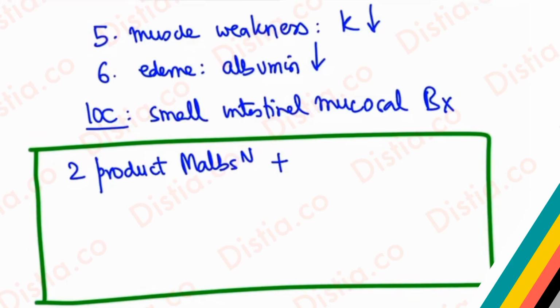Breath hydrogen test is for carbohydrate malabsorption. Breath triolein test is for fat malabsorption. So 2 product malabsorption must be demonstrated with ideally biopsy findings. That way you are sure about the fact that you are dealing with a tropical sprue in a person.